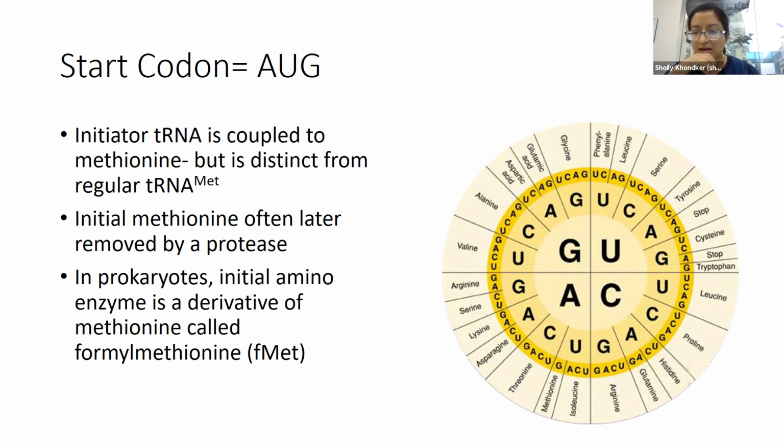Yeah, I'm not really sure there's much known. One thing that's noteworthy is that the fMet is also used in mitochondrial and chloroplast translation of proteins from mitochondrial and chloroplast DNA genomes.